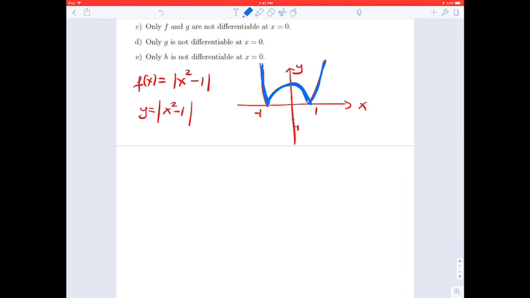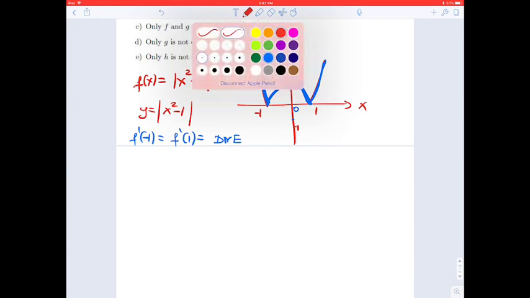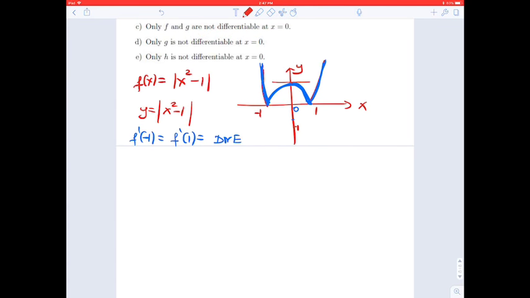And we can nicely see that the derivative of f at -1 and at 1 is undefined because we have these sharp corners. At 0 we have a nice horizontal tangent, and the derivative at 0 is also 0 because the slope is 0.